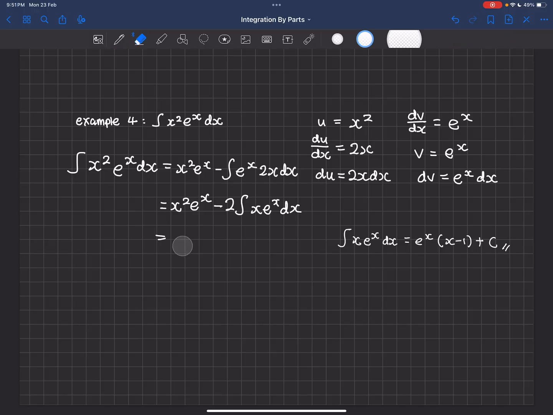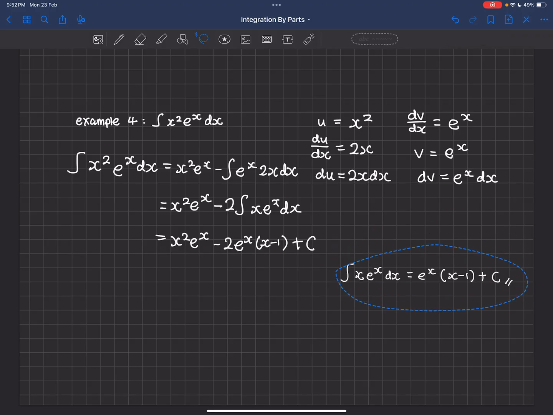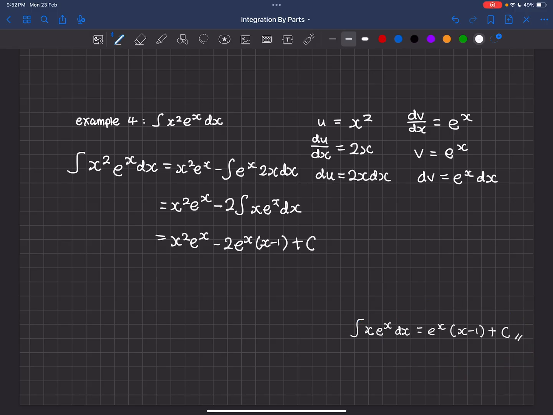And we can just sub it in, x squared e^x minus 2 e^x (x minus 1) plus c. So this is just a reference. And yeah, that's our answer. We can simplify if we want to factorize it out. Yep, and there we go.